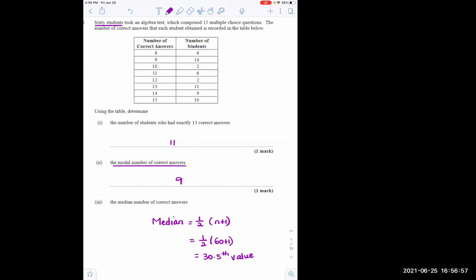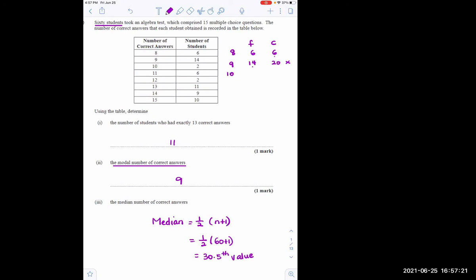For 8 correct answers, the frequency is 6. The count is 6. For 9 correct answers, the frequency is 14. The count is 6 plus 14, which is 20. We did not reach 30.5 as yet. So we continue counting.